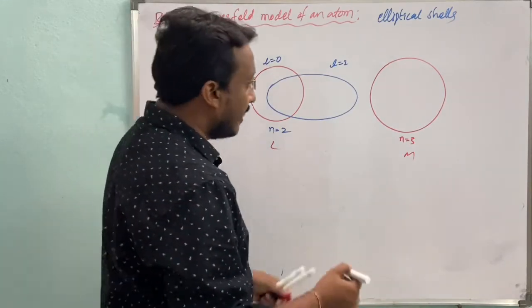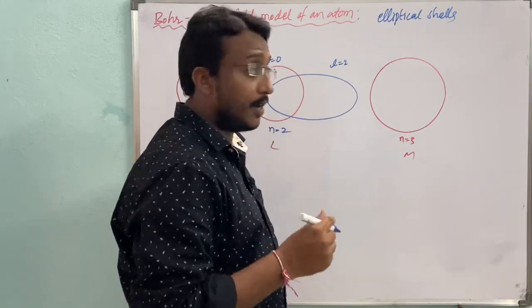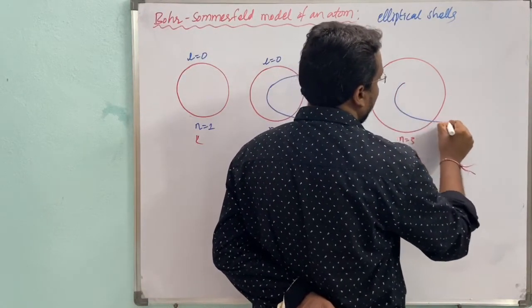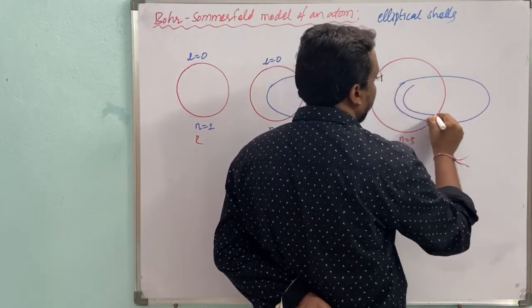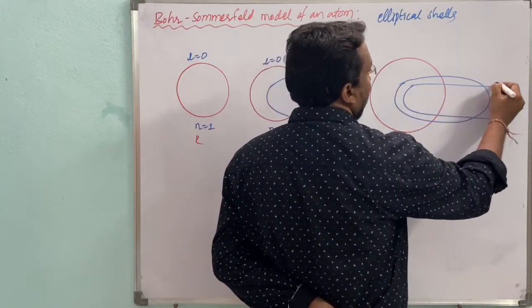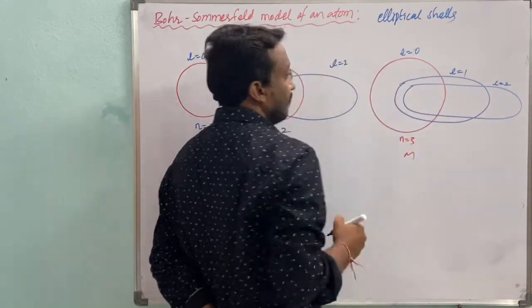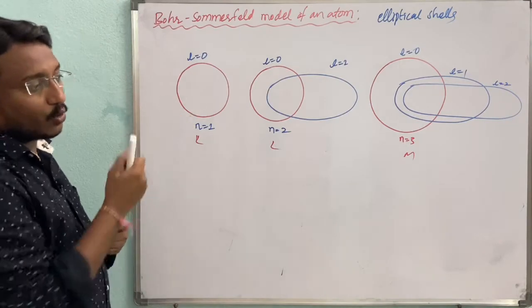In this case, it has 3 angular momentum quantum numbers, and it consists of elliptical shells like this: l equals 2, l equals 1, l equals 0. Got it? That is the third shell.